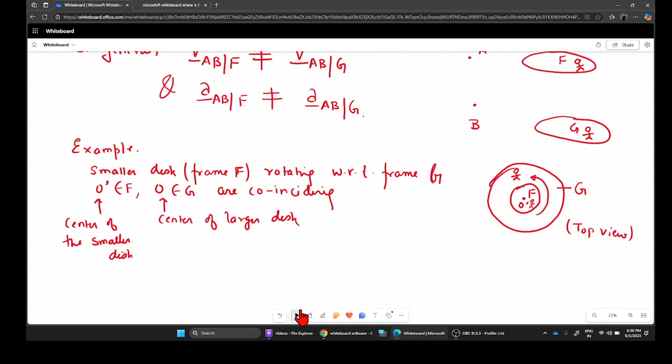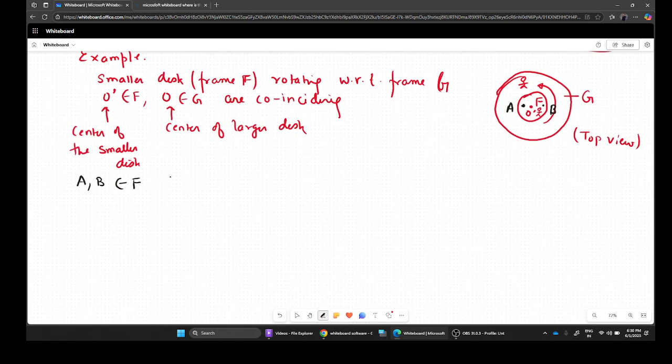Now let us consider 2 points A and B. A and B are both fixed in F. Further, the distance of A from O prime is the same as the distance of B from O prime, and let that distance be R. And let this angular velocity or this rate of rotation be omega.